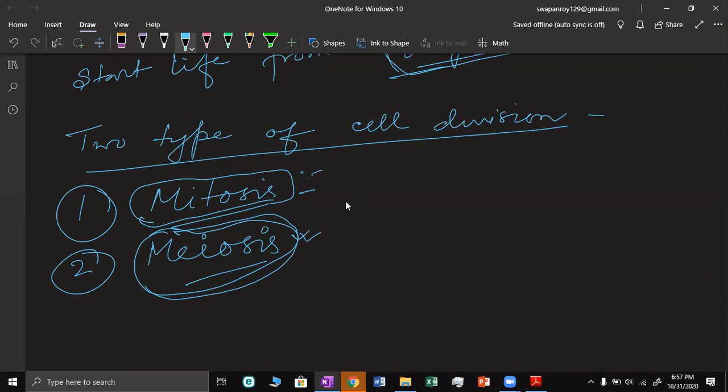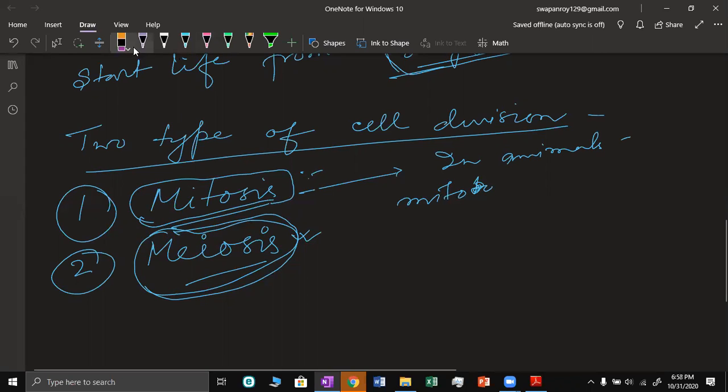In the case of mitosis in animals, mitosis takes place in diploid cells only.